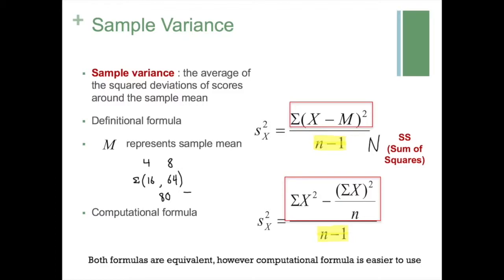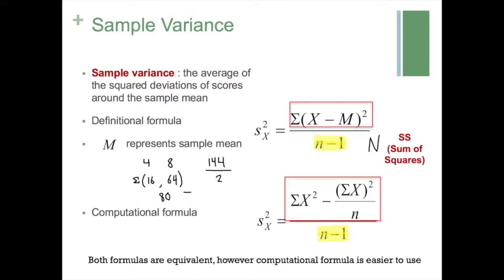This is going to be subtracted from these over here. So we have the sum of x's then squared. 4 plus 8, that's summing them together, is 12. And 12 squared is 144. I'm just going to write that out here instead of doing it in the long form. We divide this value, division goes before this subtraction, by n.